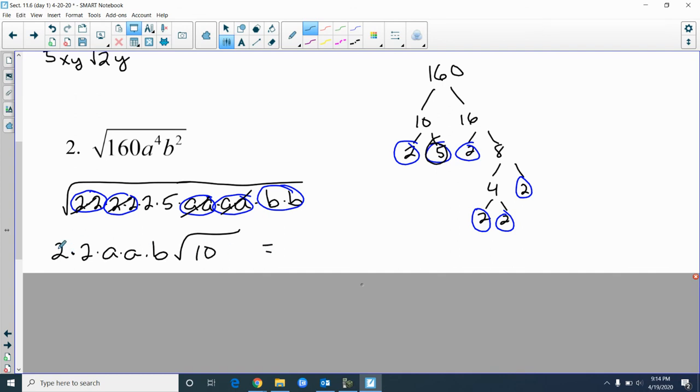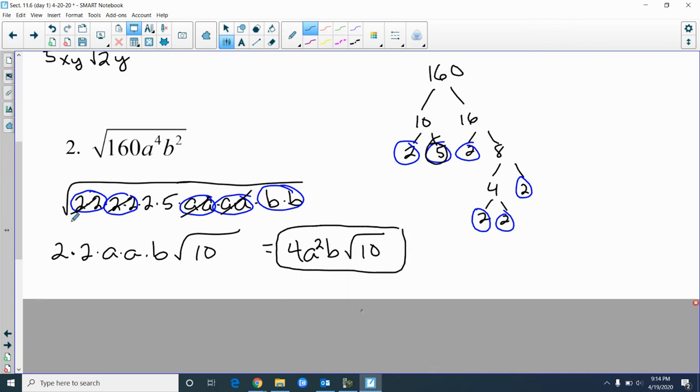All right, now simplify this on the outside. 2 times 2 is 4. A squared b, square root of 10. That's our final answer. Okay, so square root of 160a to the 4th b squared simplifies to 4a squared b square root of 10.